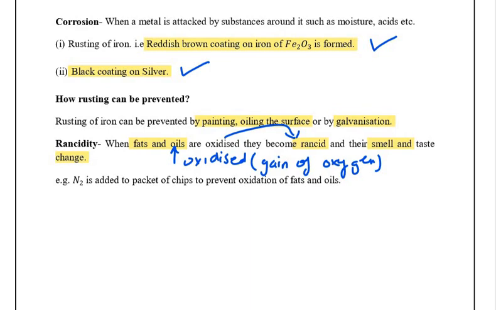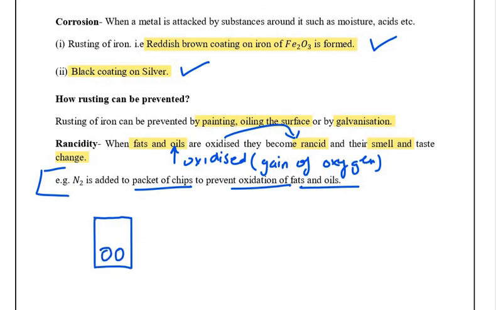There is one example under rancidity, and there is a question based on it as well. The example is, N2 is added to a packet of chips to prevent oxidation of fats and oil. Now the question is, why is N2 added to the packet of chips? So that the chips do not come in contact with oxygen.